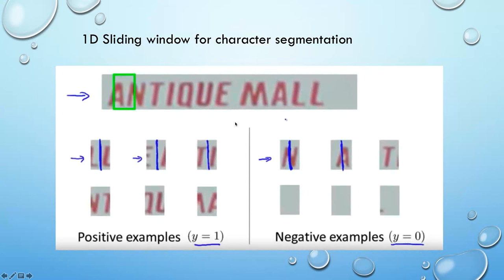If there are multiple rows, then we would probably call that 2D. For this simple example, there's just a 1D sliding window that keeps running through, and finally we find all these lines between two characters. So we can separate out each character. That is how character segmentation works.